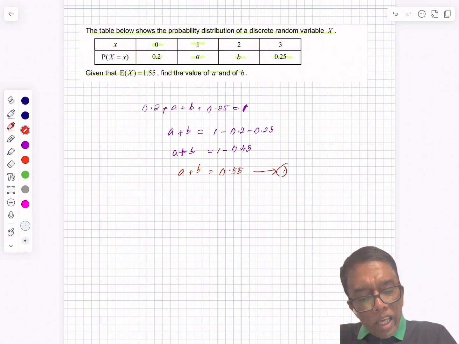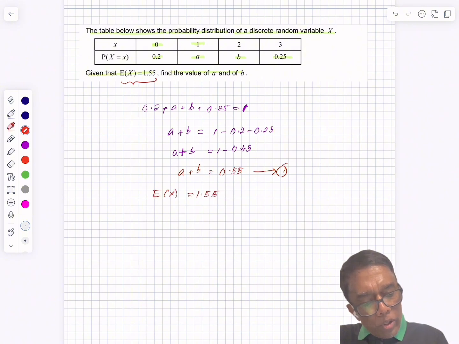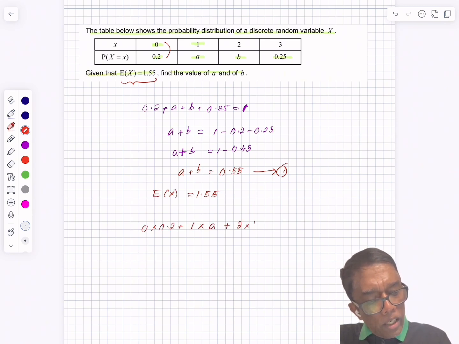It is given that EX, the expected value of the distribution, is 1.55. We know that EX is 0 times 0.2 plus 1 times A plus 2 times B plus 3 times 0.25 is equal to 1.55.